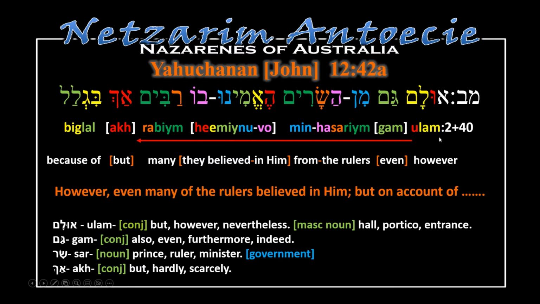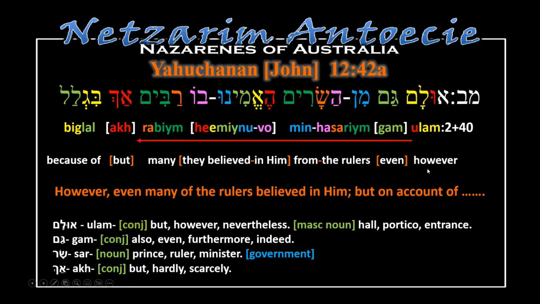Ulam. Now, if we look down here, ulam as a conjunction can mean but, however, nevertheless. However, as a masculine noun, it can mean hall, portico, entrance. So we have to know what form of speech it is. And we know that it's a conjunction, meaning it's adding to the previous one.